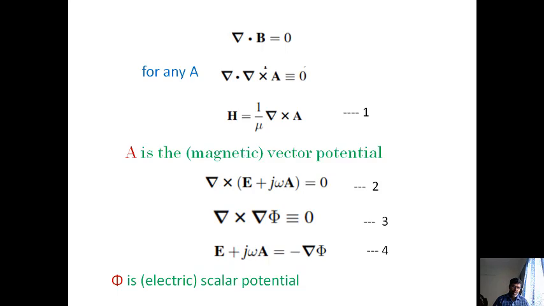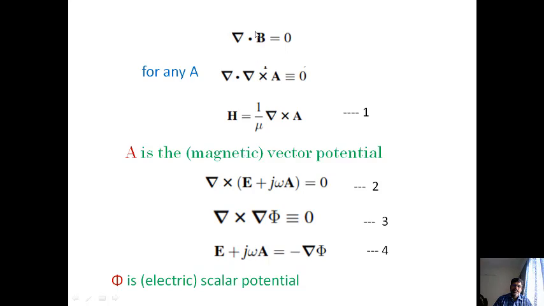Now, we know that one of the Maxwell equations is del dot B equals 0, because the magnetic flux lines are in the form of loops which have no sources and no sinks, and hence the divergence of the magnetic field will be 0. From the vector identity, del dot del cross A equals 0.